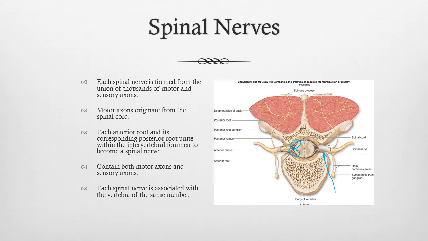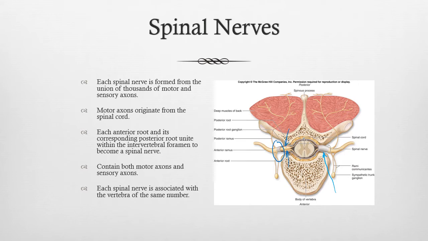And those dorsal and ventral rootlets are going to join together to give us the actual roots. And then the roots are going to join together to give us the mixed spinal nerve that actually exits the cord itself. And each portion of the root is going to exit there.